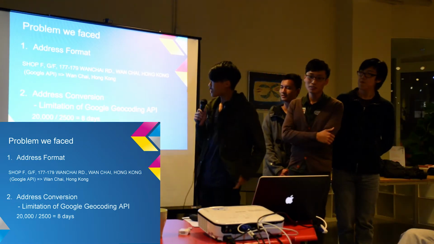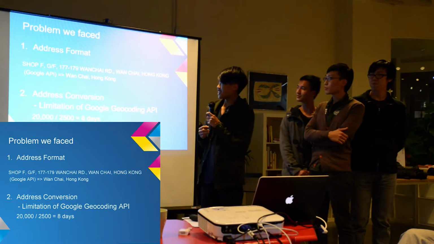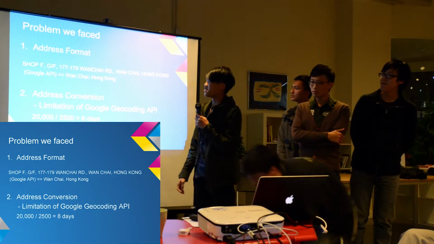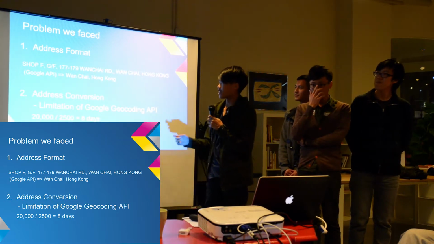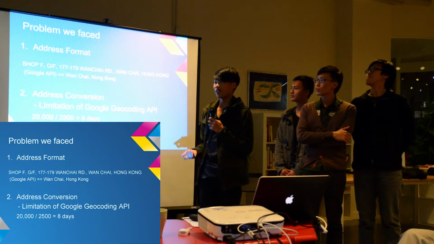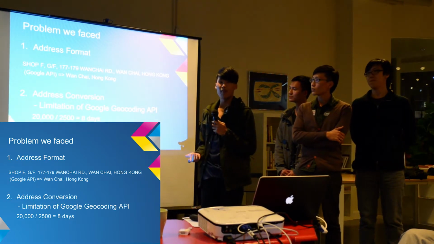During the development, we faced several problems. The first is about the address format. Let's take an address as an example. When we send a request to the Google Geographic API, it returns a file in JSON format.